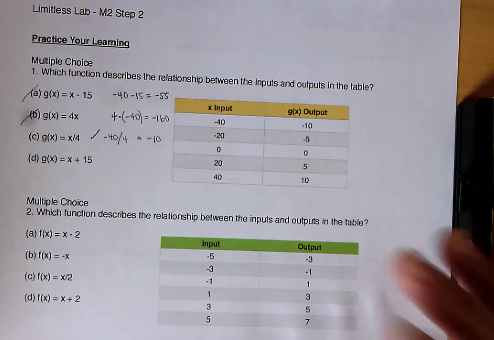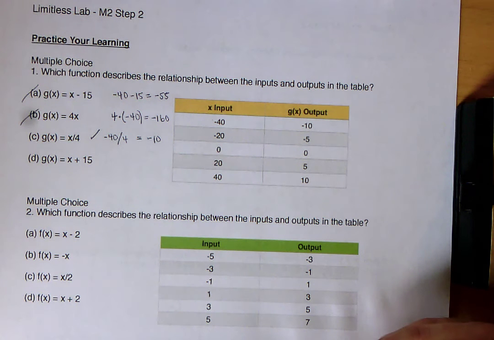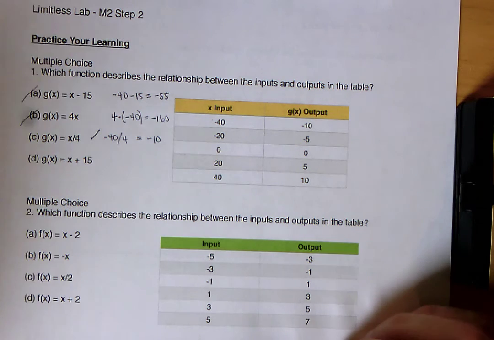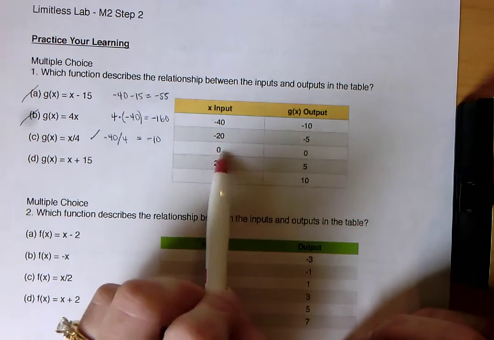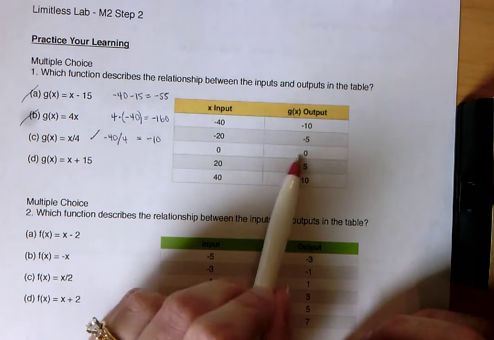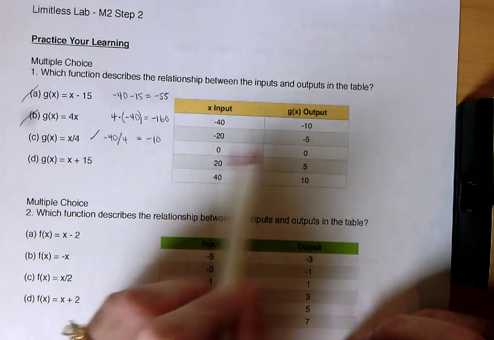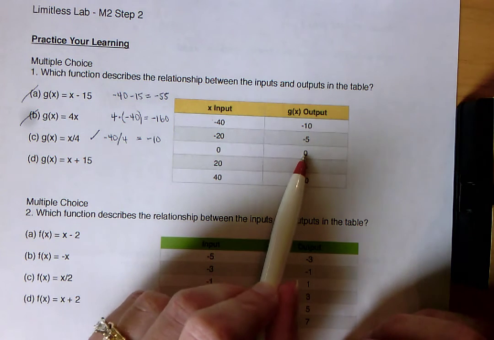So that helps right there, just to plug it in. That's really what I would do, at least for the first two, but there is another way to do this. The other way to do it is to look at, first of all, the y-intercept. You can look here. You can see that when you plug in a 0 for x, you're going to get a 0 for y.